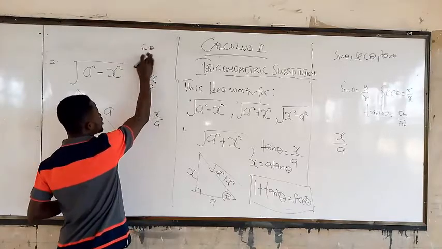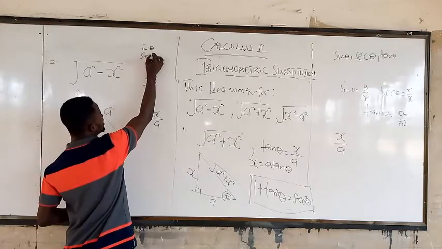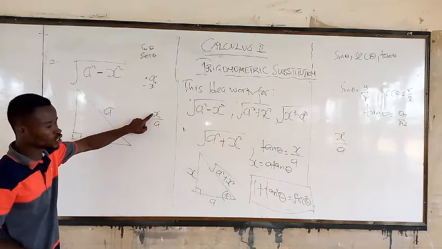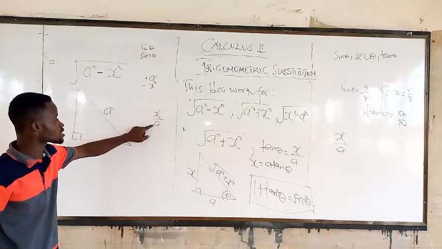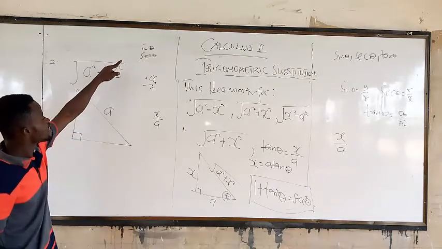We have already discovered tan theta here, so let's leave that. And sec theta. Which one is going to help us to get a variable over a constant?